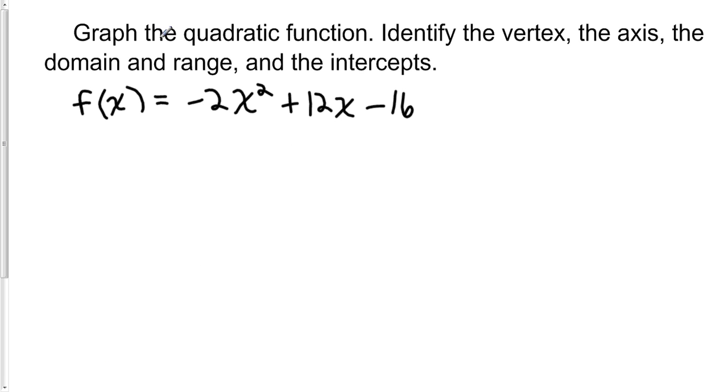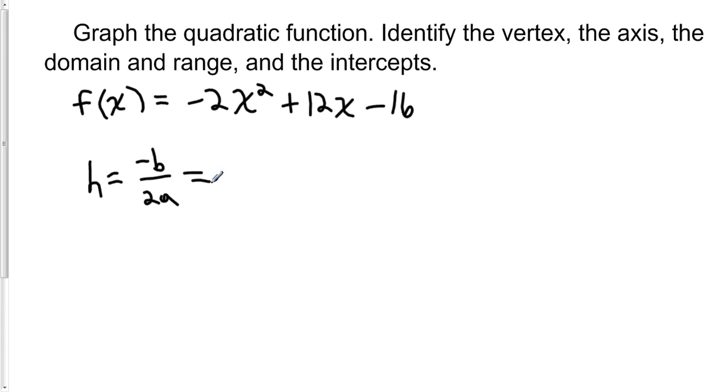So what I want to do is graph this quadratic function, identifying the vertex, the axis of symmetry, the domain and the range, and also any intercepts. So let's go ahead and do that. The first thing I'm going to do is identify the vertex. Well, the vertex, h, remember h was negative b over 2a.